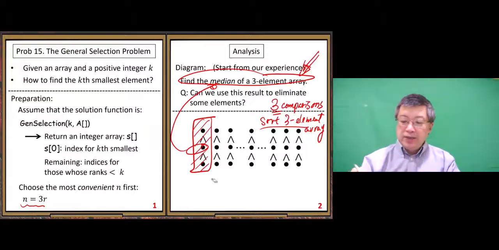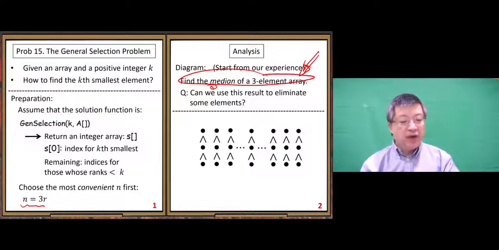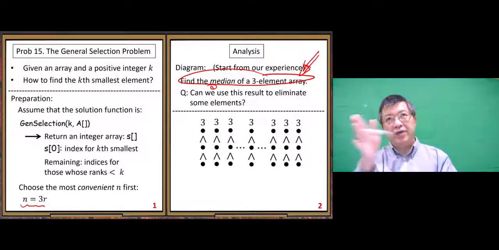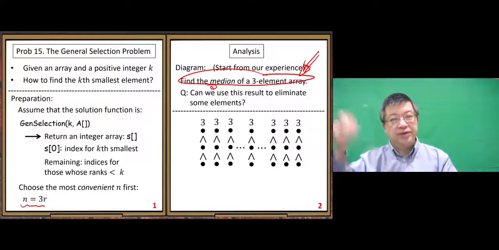So now, to find the medians of all the groups, each group takes 3 comparisons. Later we need to count how many comparisons.